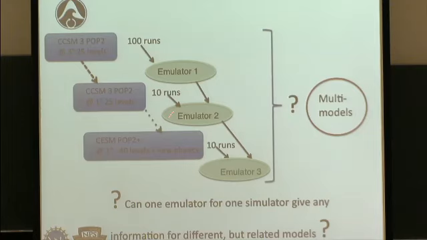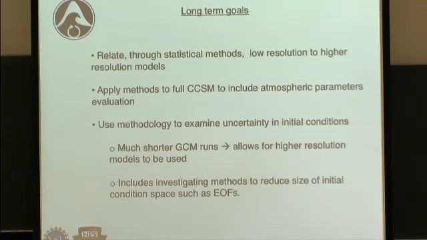And then once you have all this information, can you even say anything about other multi-models, and if they're only run 1 or 2 other times, is there any information that's transferable into understanding uncertainty in those models? That's a question that I have.